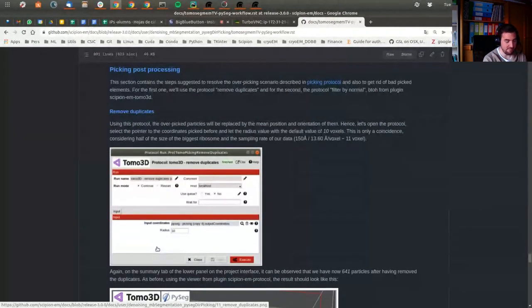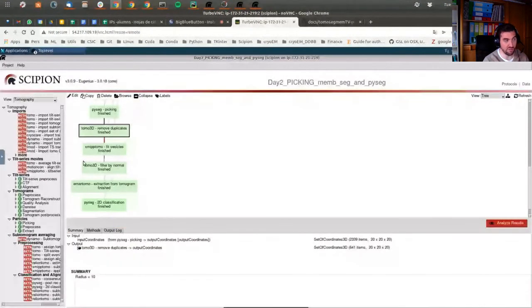And I think it takes the mean position and orientation of each set of particles considered the same. For this, we have the remove duplicates protocol, which is part of the Tomo 3D plugin, which has more things apart from the fancy viewer.